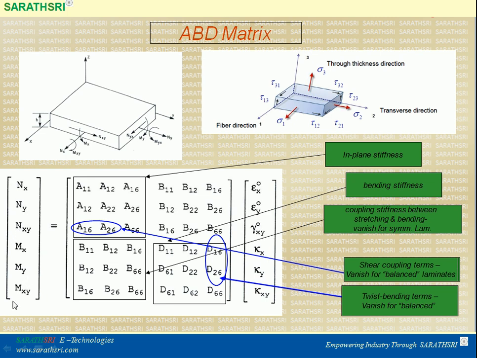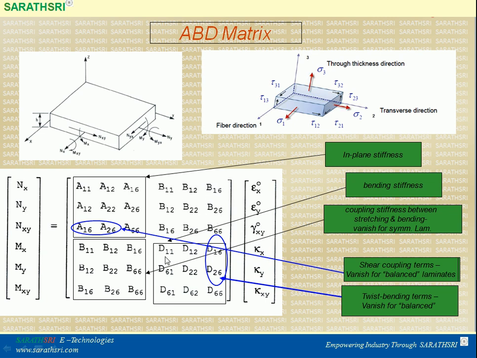So this is forces and moments. It is the A matrix and B matrix, as a function of the strains and curvatures. These terms are important. A11, A12 represent the extension, or in-plane stiffness, and A16, A26 are the extension and shear stiffness terms. Whereas B16 to D26 correspond to the coupling phenomena.